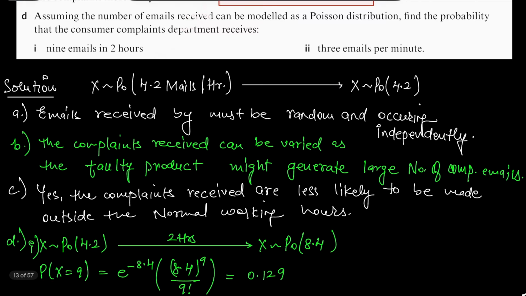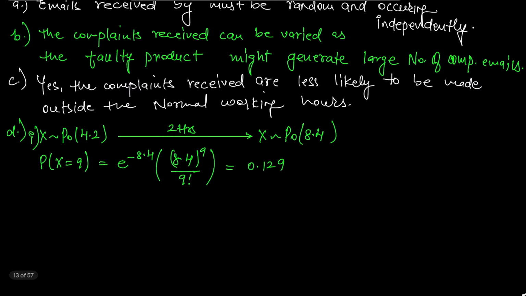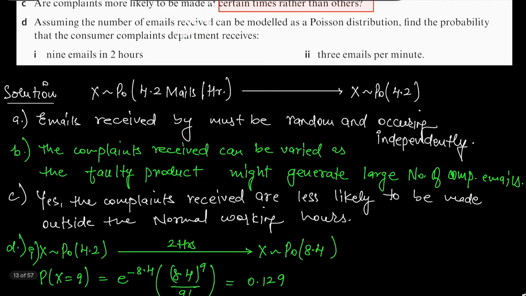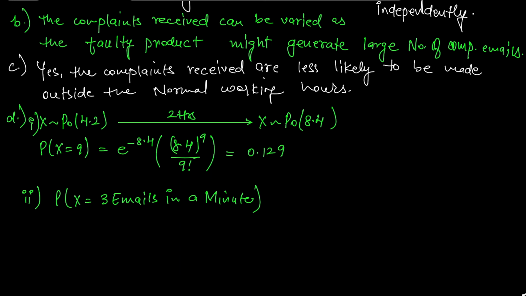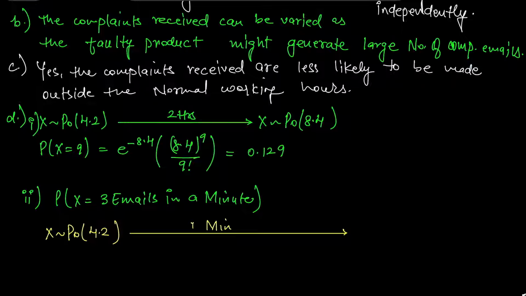Okay, similarly, this was part 1 of the given question. Now in part 2, he's saying 3 emails per minute. So part 2 is asking for the probability of X = 3 emails in a minute. First of all, we need to convert X, which follows Poisson with 4.2 mails in an hour, to a 1 minute interval.